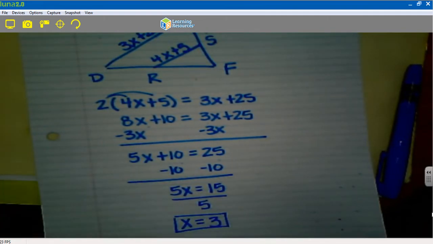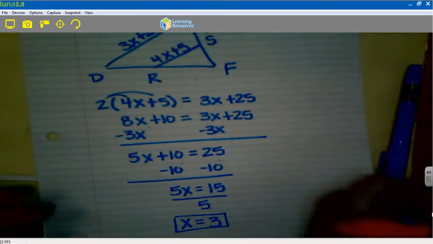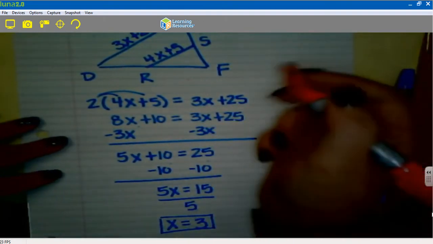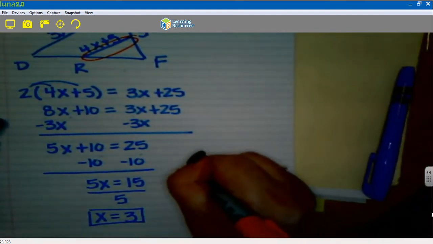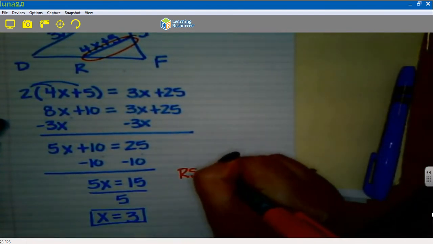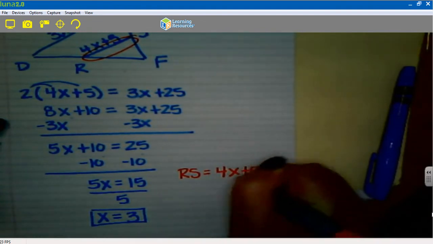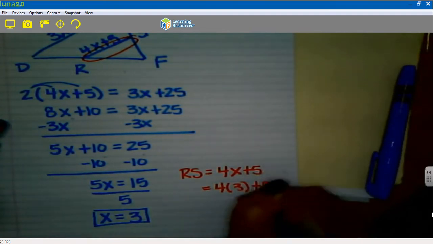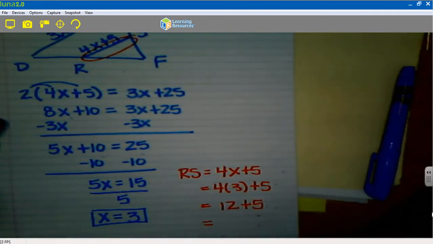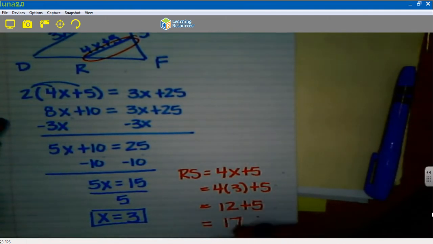Divide by 5, and x is equal to 3. But remember, the directions are asking us to find RS. So RS is 4x plus 5. So 4 times 3 plus 5 is 12 plus 5, which is 17.